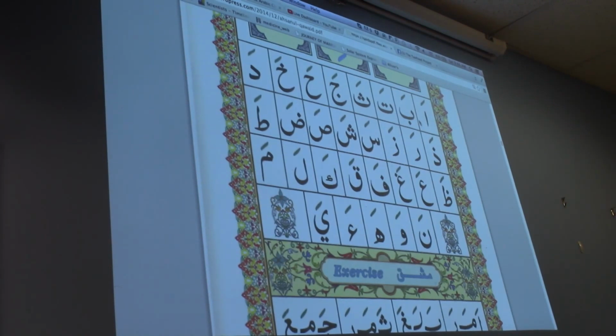Then we say fa. Some of these letters are easy because that's the name of the letter. Fa, right? Therefore, you're not changing anything, actually. Good. Then we have qa. Instead of saying qaf, which is the name of the letter, we say qa because of the fatha. Alright? Then we have ka.